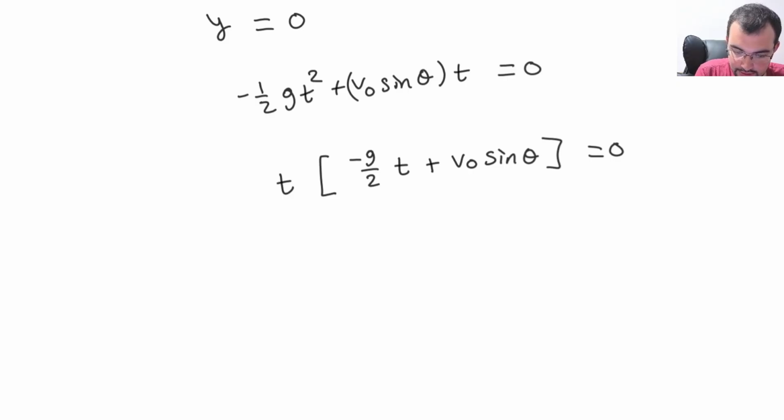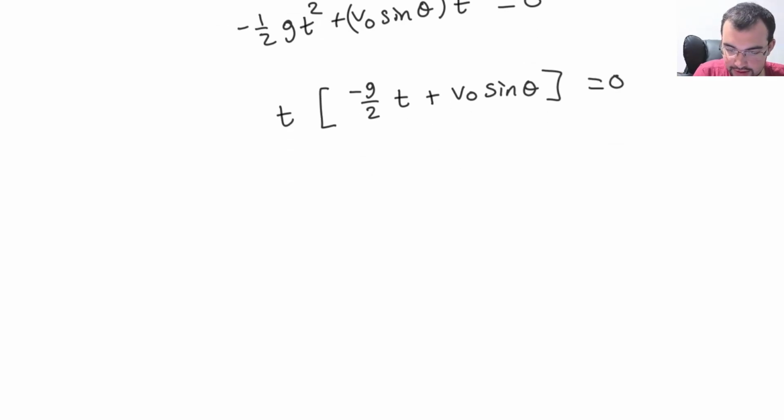So one way we could get this to be 0 is just having t equals 0. That's not helpful though. So we're looking at when this other factor is equal to 0. Negative g over 2 t plus v0 sine theta equals 0.